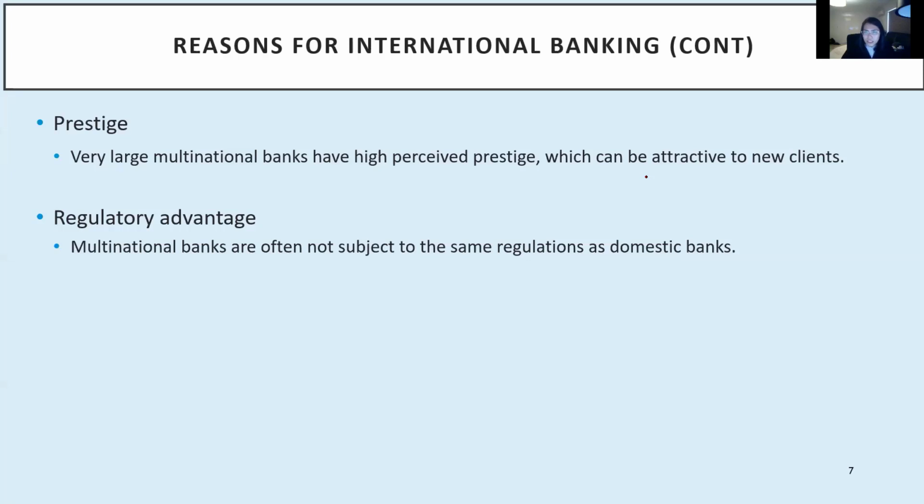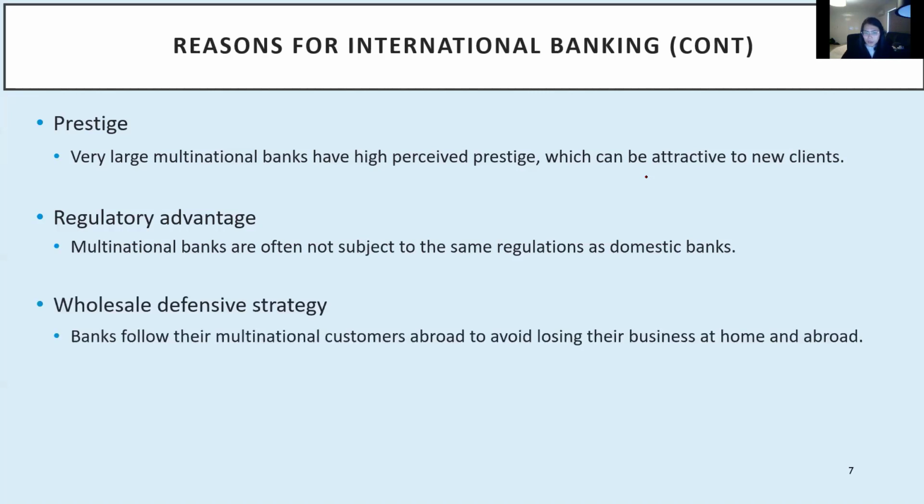Sometimes going overseas is also good for banks to avoid some of the strict regulations in their home country, okay? For example, if you establish a subsidiary in Australia, it might be subject to different regulations relative to the domestic banks, so the subsidiary might get a lower regulatory cost, okay?